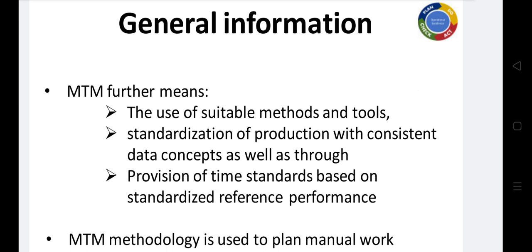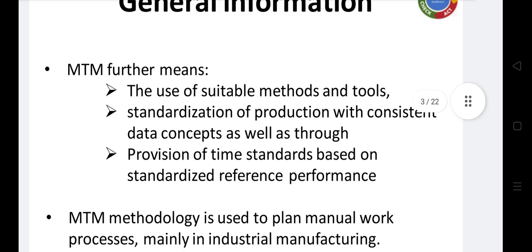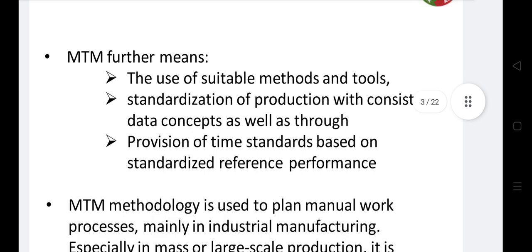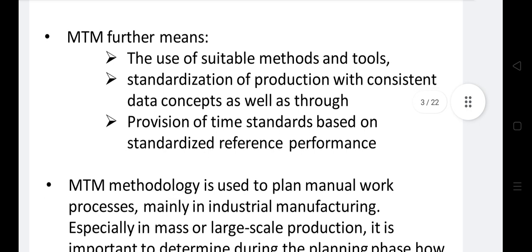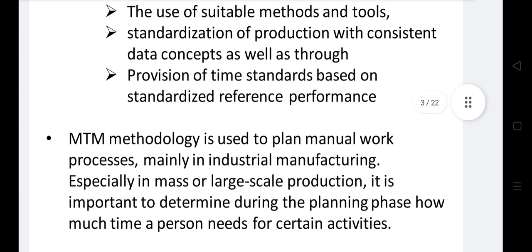MTM features mean the use of suitable methods and tools, standardization of production with consistent data concepts, as well as provision of time standards based on standardized reference performance. The MTM methodology is used to plan manual work processes, mainly in industrial manufacturing, especially in mass or large scale production.